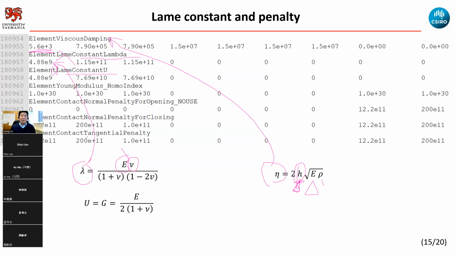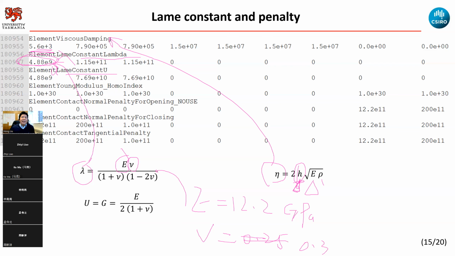For this problem, we have the elastic modulus, which is 12.2 gigapascal, and the Poisson's ratio, which is 0.25 or 0.3. If you substitute into this formula, you get lambda, which is equal to this one. I think this is equal to 0.3.